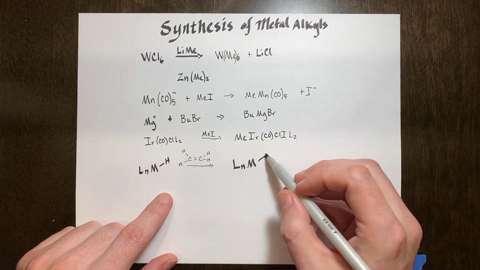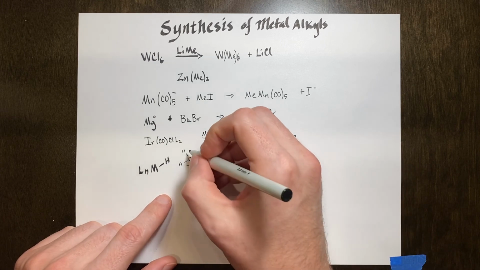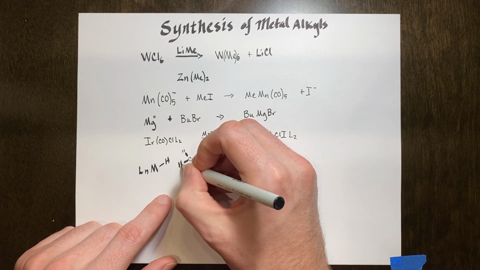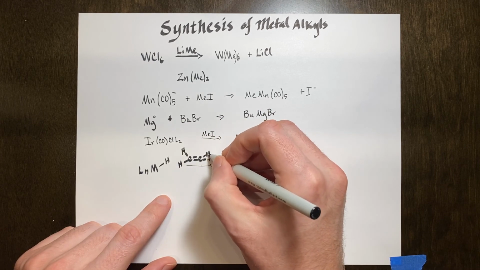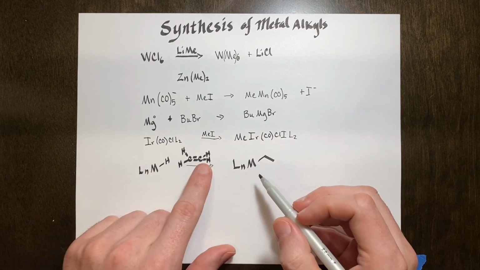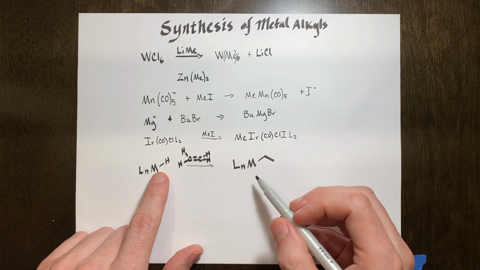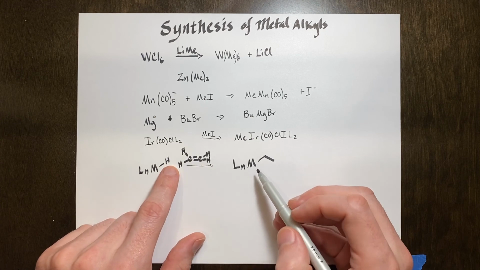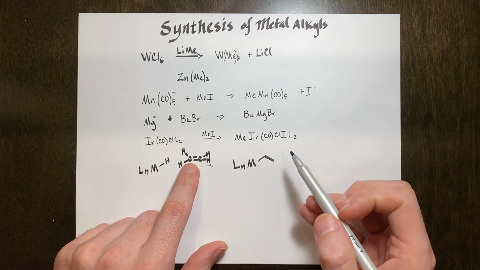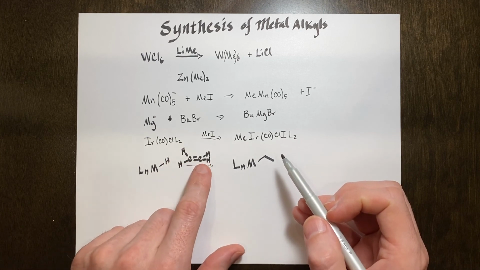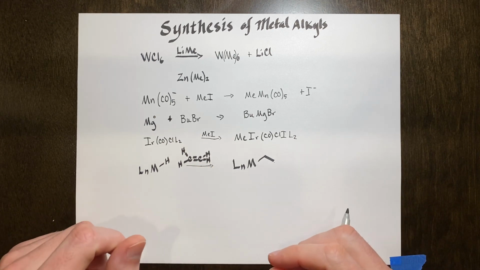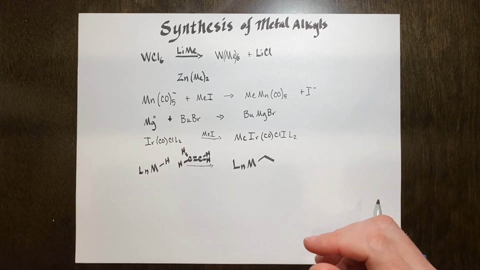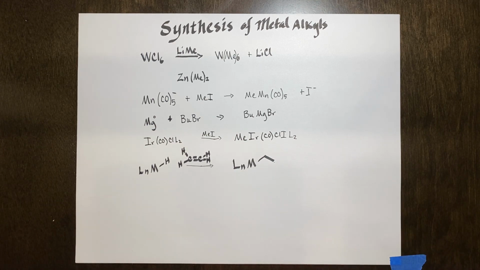So now we have an ethyl group on there because the ethene has inserted itself in between the metal and hydrogen bond. And so, say this first carbon has bound to the metal, and that hydrogen will end up on the second carbon over here. So those are some of the ways that we can synthesize metal alkyls. There are, of course, more, and there are more examples, but these are some of the basic ones to get us started.